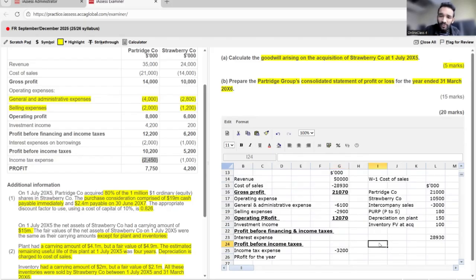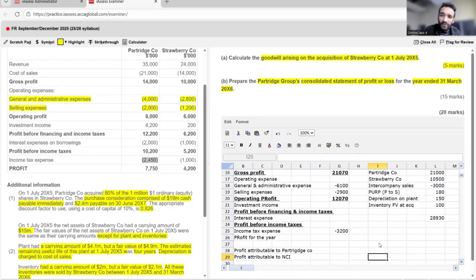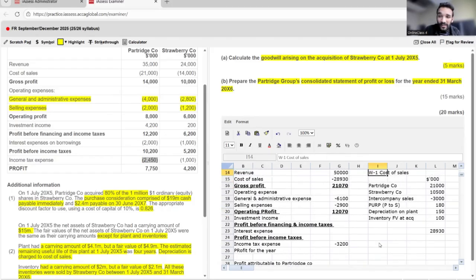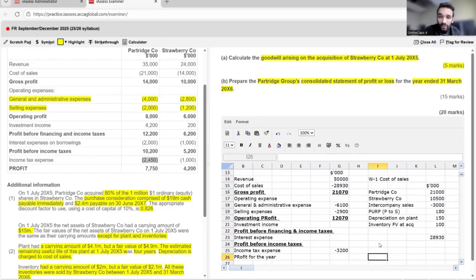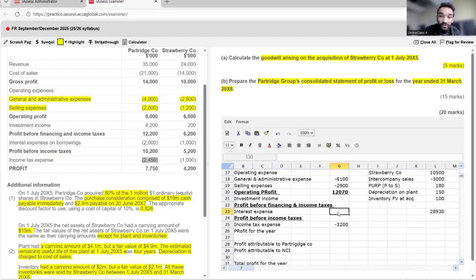I'll be doing another working for you, so make it very easy. Although you can do the calculation in the cell as well in order to save your time. It is equal to minus bracket this interest 2,000 plus 1,000 into 9 by 12 plus the unwinding of the deferred consideration.